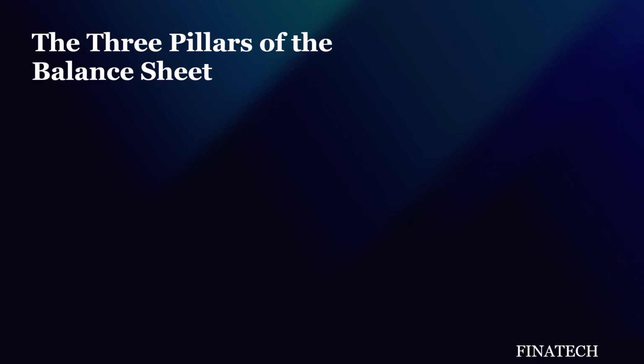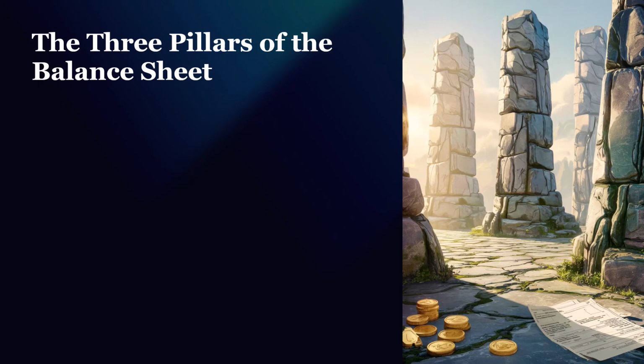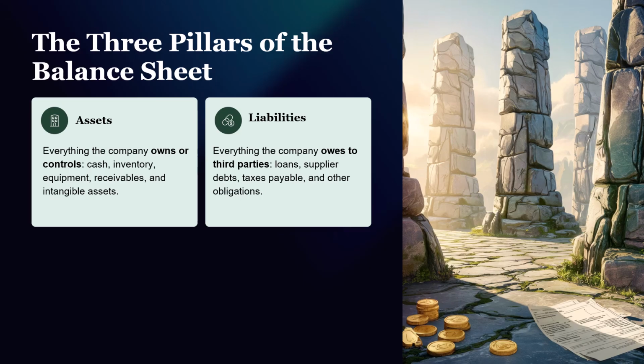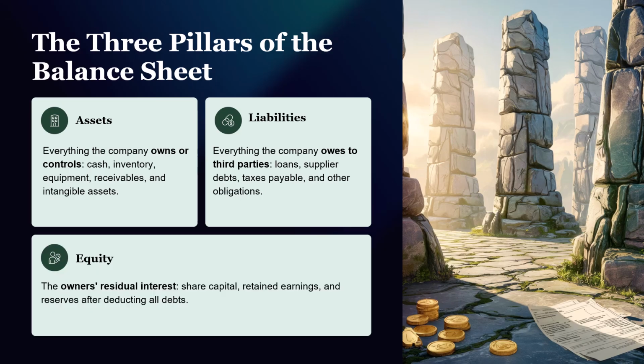The three pillars of the balance sheet, like you see in the graph, are assets, liabilities, and equity. You must understand the balance sheet must have assets equal to liabilities plus equity.